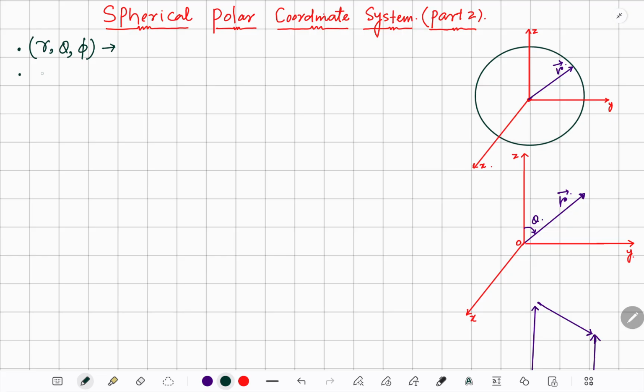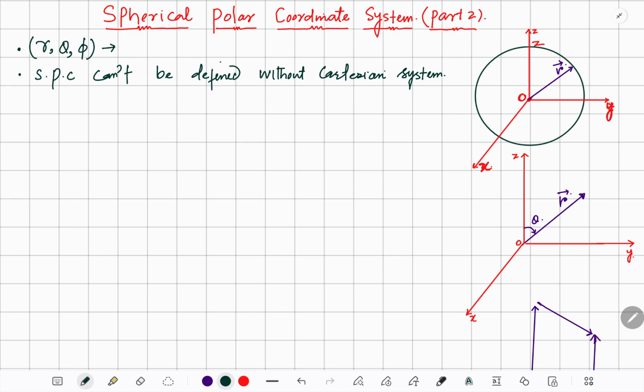Basically, the Cartesian coordinate system is a must for understanding the spherical polar coordinate system. That is why we can see x, y, and z axes here. This is the x axis, this one is the y axis, and this one is the z axis, and they have a common origin.